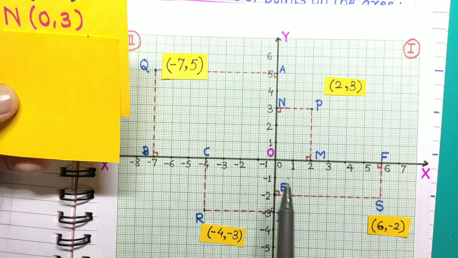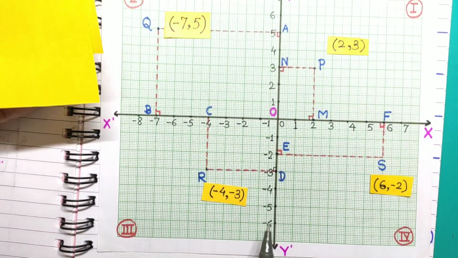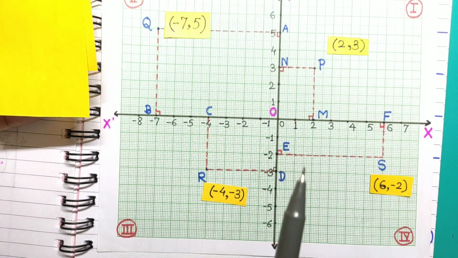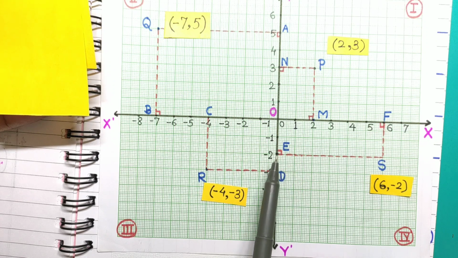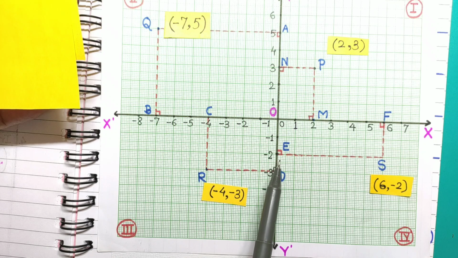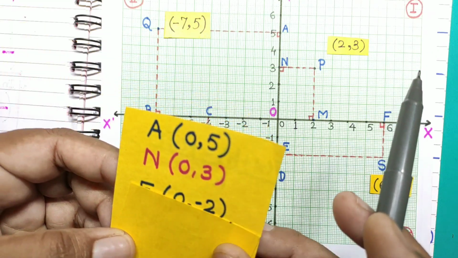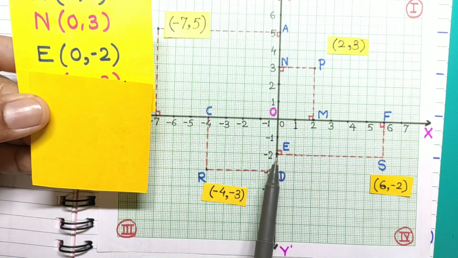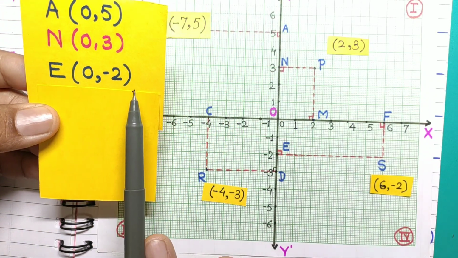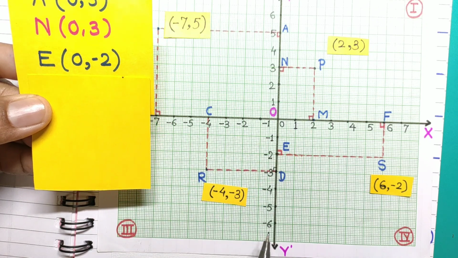And now point E lies on the negative y-axis, so its y coordinate has a negative sign and the x coordinate is again 0. So the coordinates of point E are (0, -2). The y coordinate has a negative sign since the point lies on the negative y-axis.